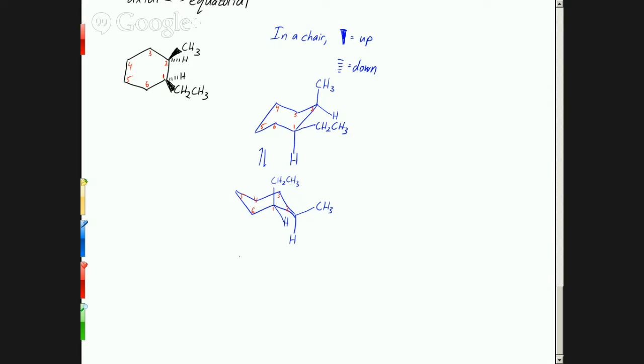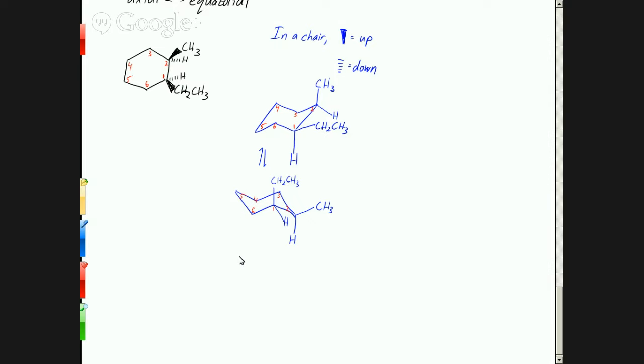let's say I'll keep my methyl group, but I'll use a red ball for the ethyl group. Okay, there's the first one that we drew. And then if we flip it, we actually have the second one, with the ethyl group going up and the methyl group out to the equatorial side.